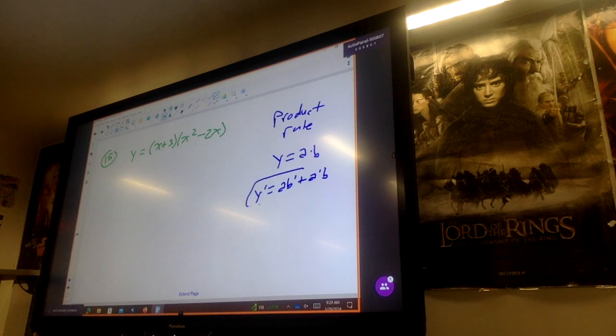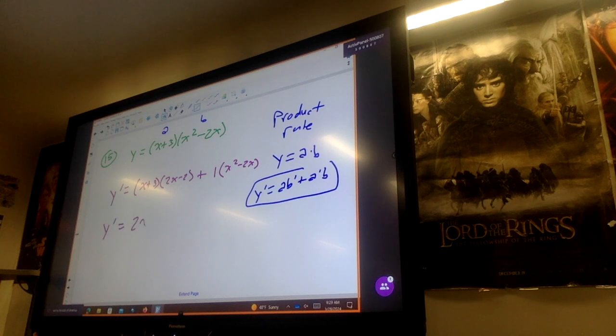Alright. So what you basically have to do is realize this is the A value, this is the B value. So now when you want to find the derivative, the A just stays as itself. B prime is going to give me 2x minus 2, plus the derivative of A, which is just 1, times B, which is this. Then you could clean it up a little bit.